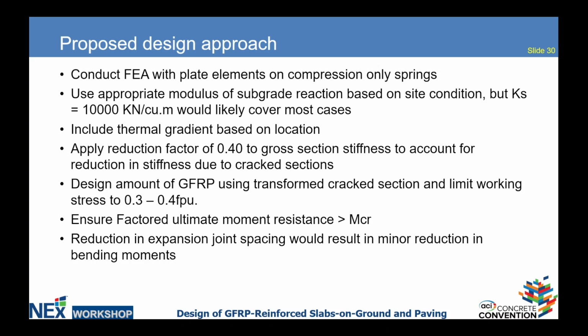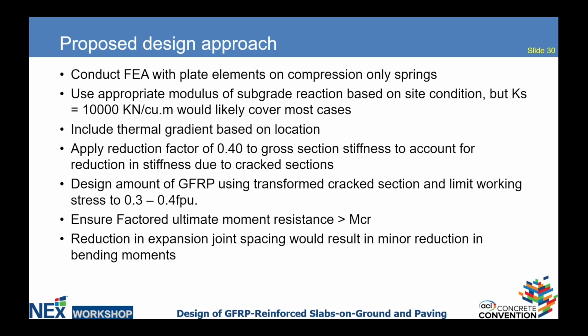Okay? And then design the GFRP using transformed cracked section and limiting the working stress to somewhere between 0.3 to 0.4. 0.3 for sustained load, 0.4 perhaps for fatigue effects. Okay?